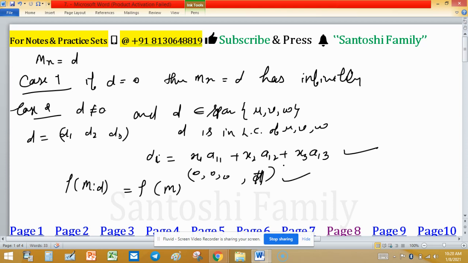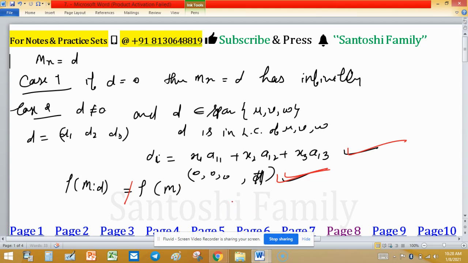So in this case the system has a solution, but when d is not in the spanning set, we cannot write d as a linear combination, and we will obtain a row of type 0 0 0 with a non-zero value, and in this case the rank of the augmented matrix will not be the same as the rank of the coefficient matrix.